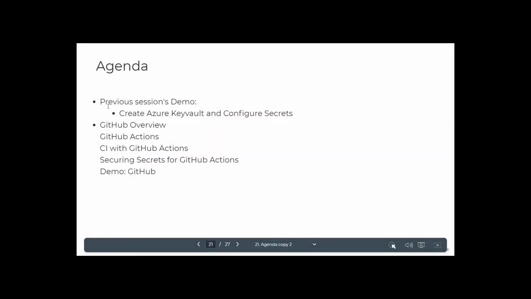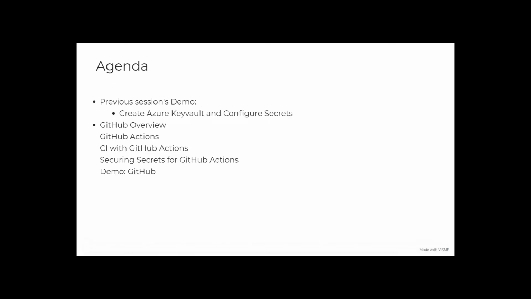Okay, so in the previous sessions we have seen how we can manage the application configuration and secrets, and one of the solutions is from Azure: the Azure Key Vault, which we can utilize for storing keys, secrets, and certificates.